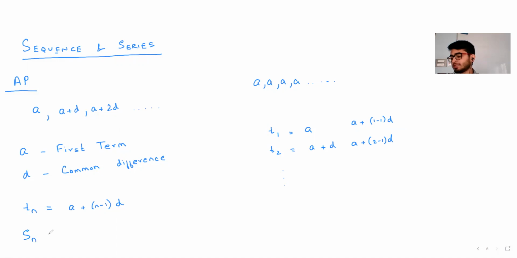Next, we have the sum of the first n terms of an arithmetic progression. The formula for this is Sn equals n by 2 into a plus l, where l is the nth term of the series.